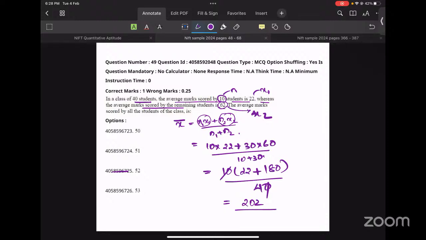Just a second. This is 62. So 30 into 62, that is equal to 3 into 62 since we just took the 10 outside. So 180 plus 6, 186.